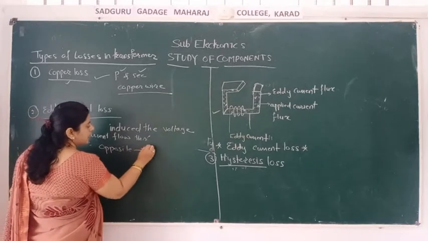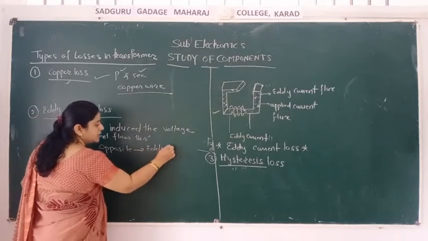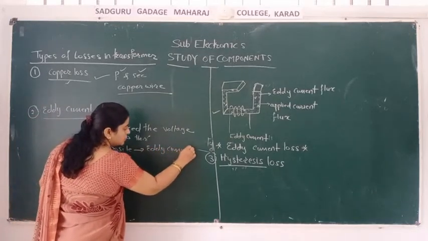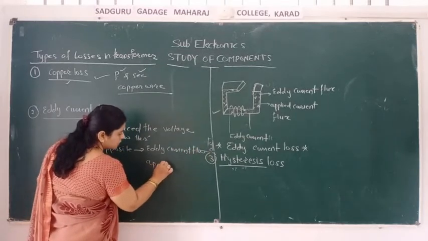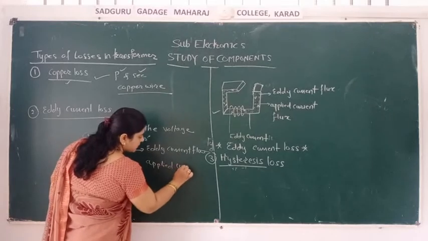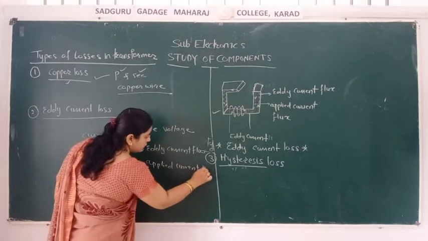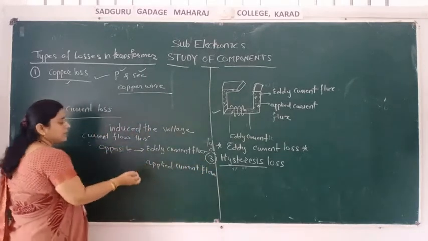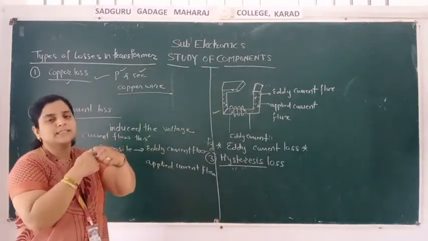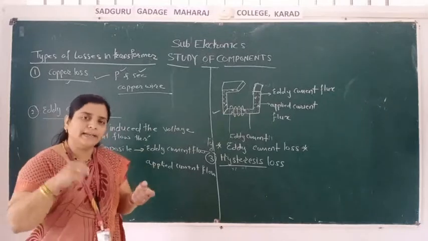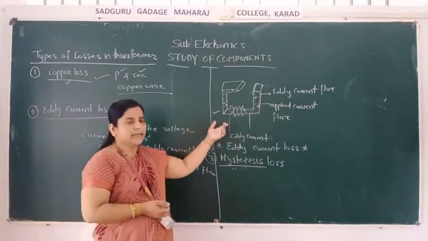Yes, eddy current flow and applied current flow. These two are in the opposite direction. Therefore there is a loss of current, and that current is called the eddy current, which is shown in the diagram.